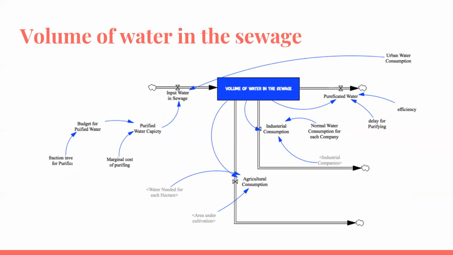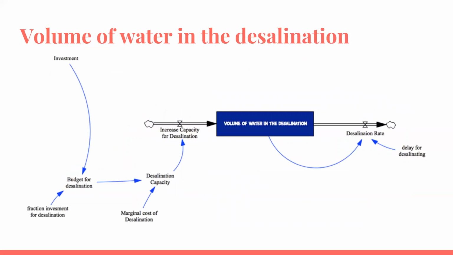By the urban water consumption, volume of water in the sewage will increase, and after purifying this water, we will use this purified water in three different fields. The first one will be urban consumption, the most purified water. Some of it is going to be used in industrial companies, and some in agriculture.